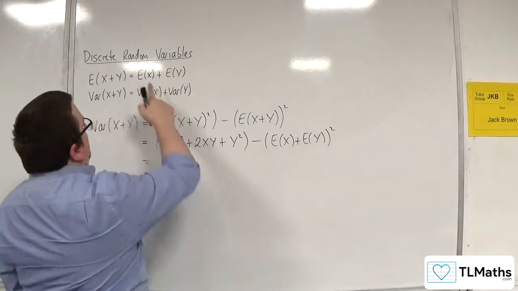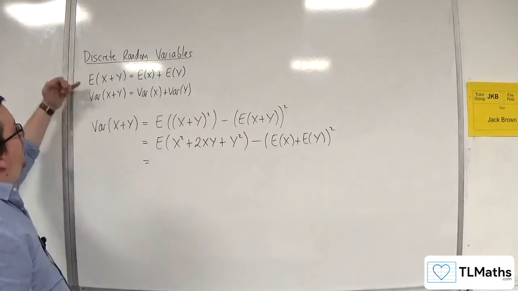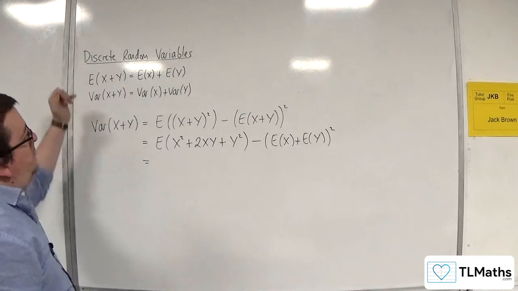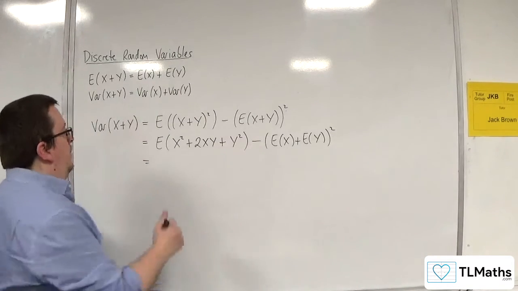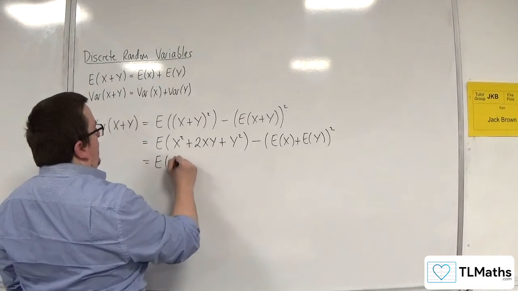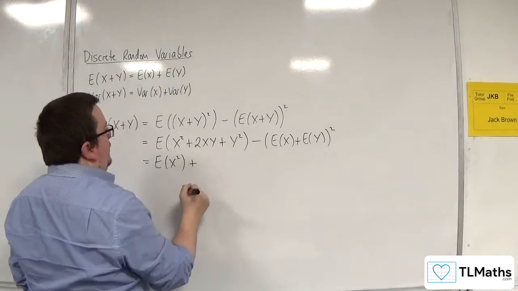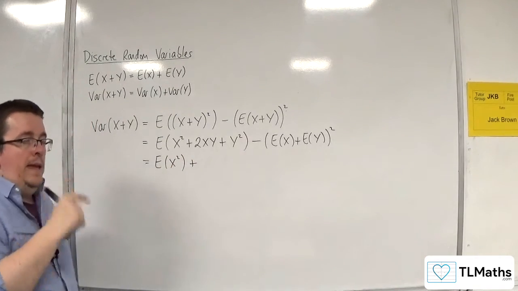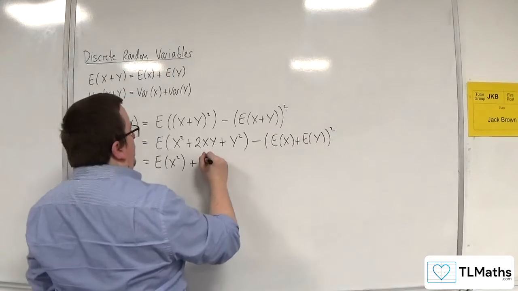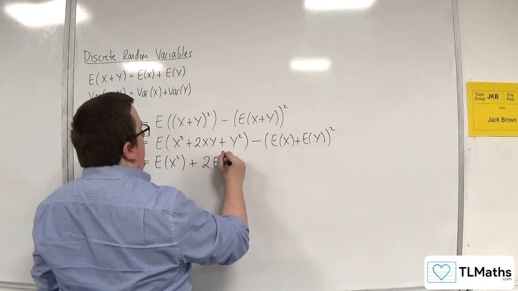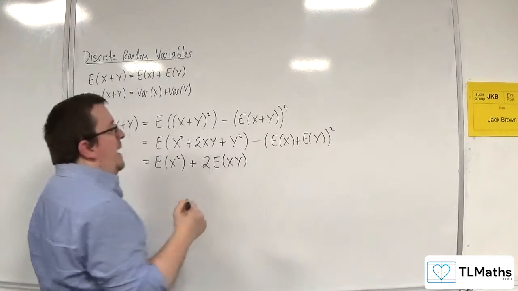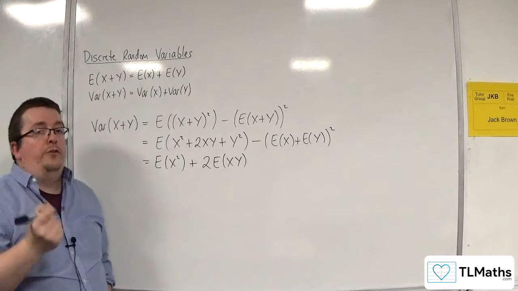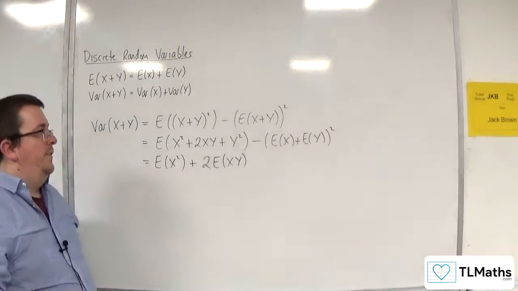Now using this, which can be extended, I can split that up as E of x squared plus E of 2xy. Now E of 2xy can also be written as 2 lots of E of xy. You can also prove that relatively easily.